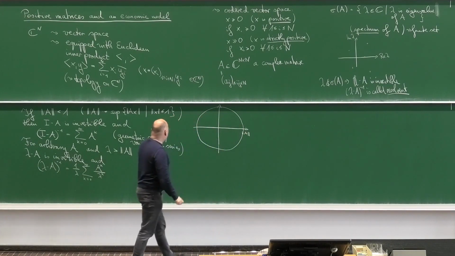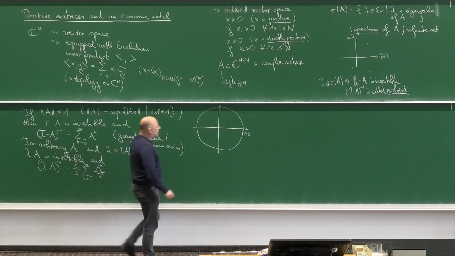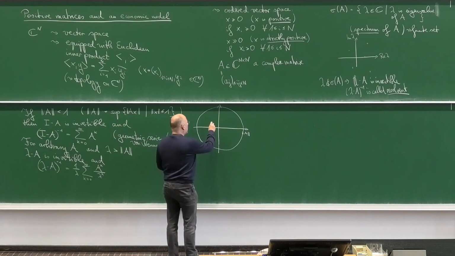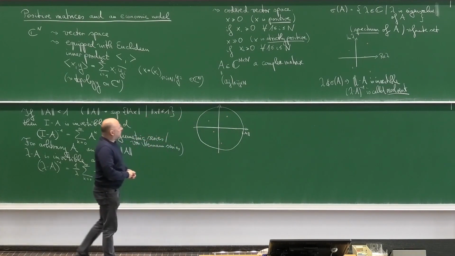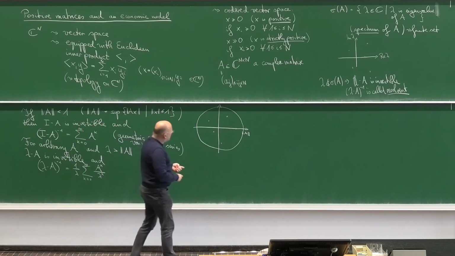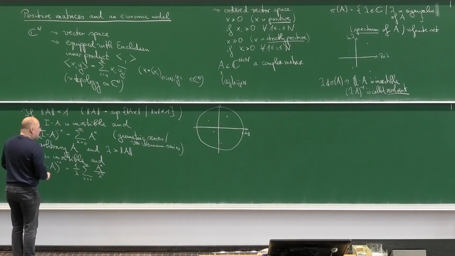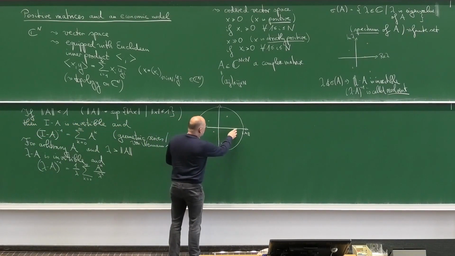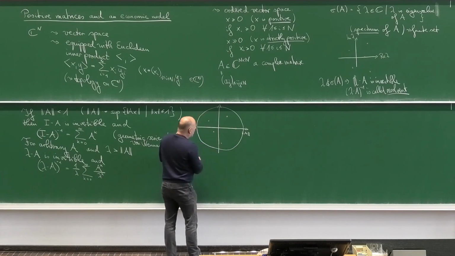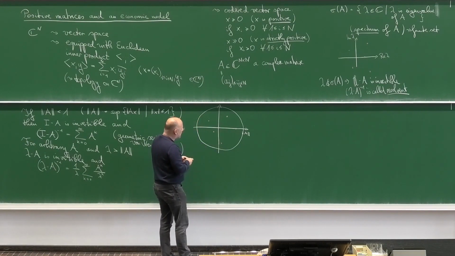Outside the circle, lambda minus A is always invertible, so the spectrum is inside the circle.